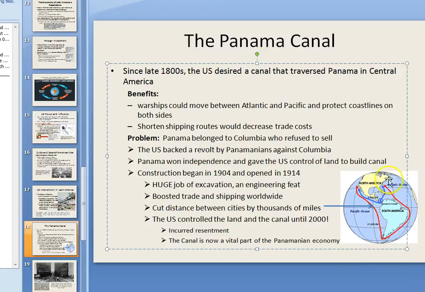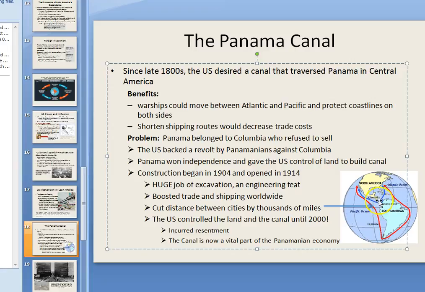So it's now a vital part of the Panamanian economy. Here you see the globe, and you see North America and South America below it. And the lines in red show shipping navigation prior to the canal. So if you wanted to reach New York from San Francisco, you had to go all the way around South America if you were going by ship.